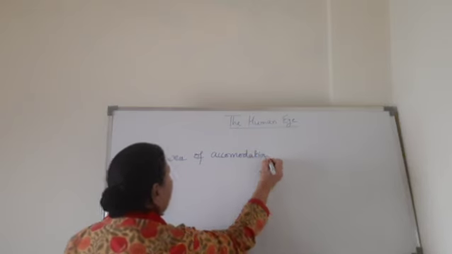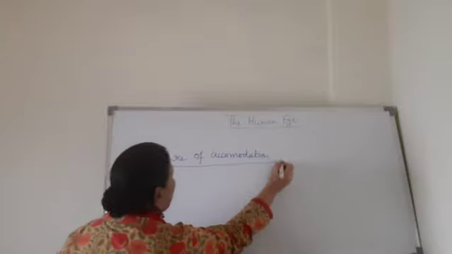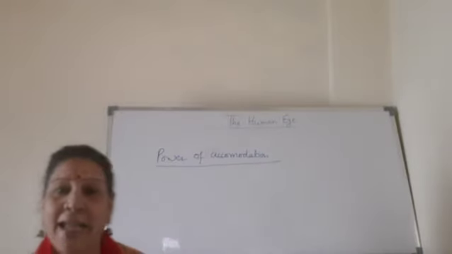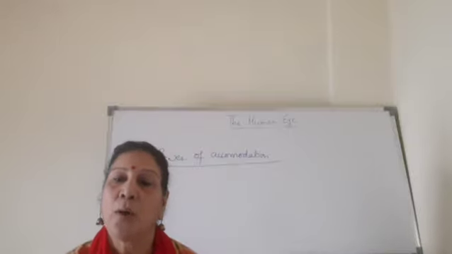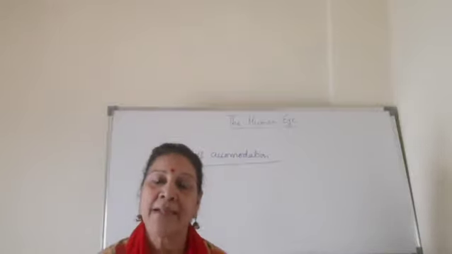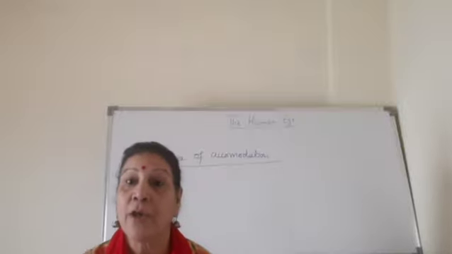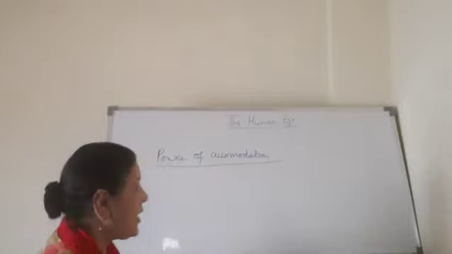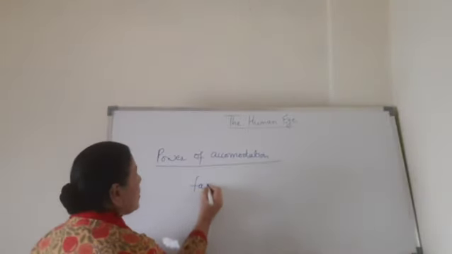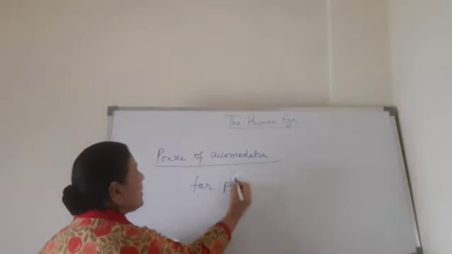So power of accommodation is the ability of the eye lens to change its focal length depending upon the object it has to see. The maximum distance a normal human eye can see is infinity. So it is also called the far point.